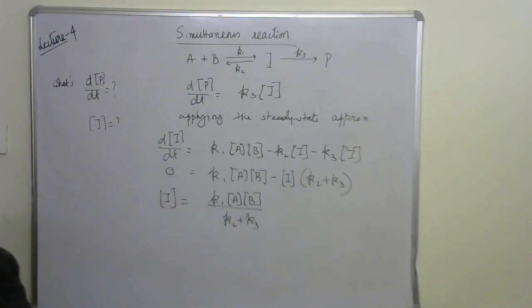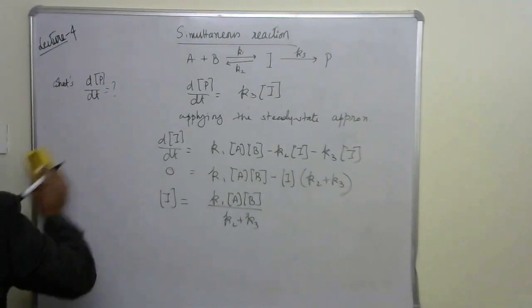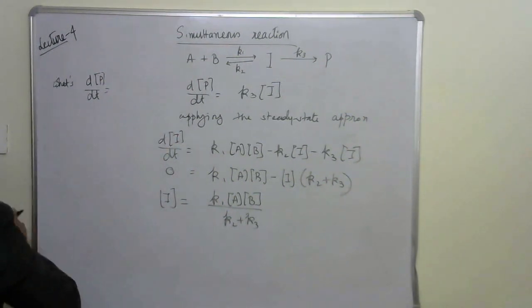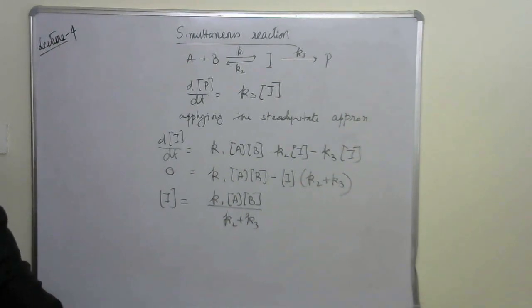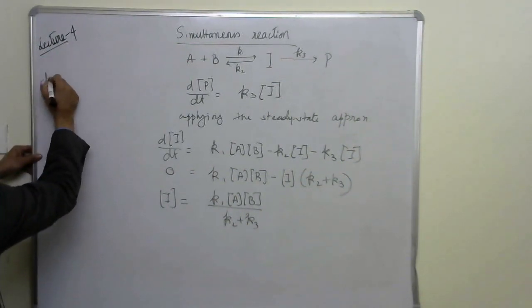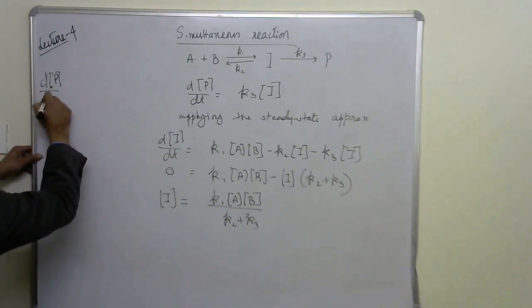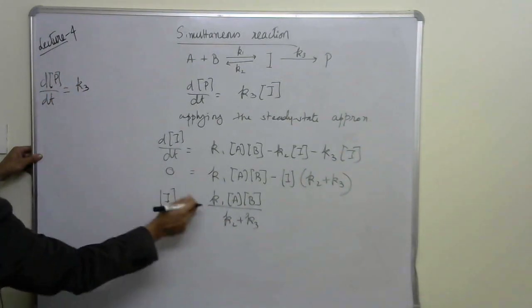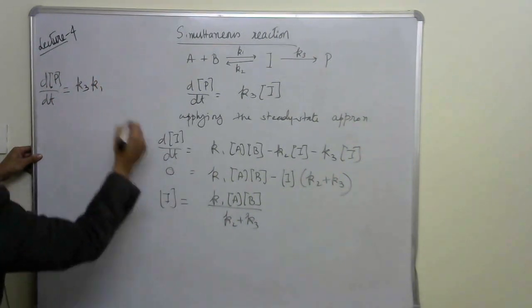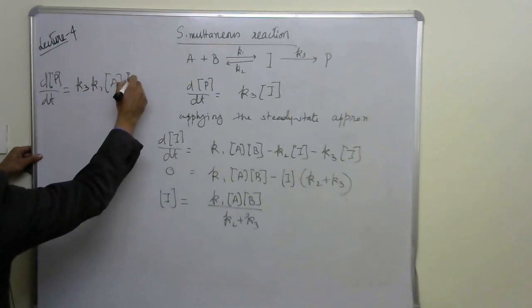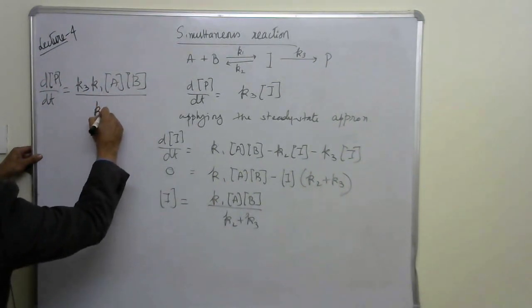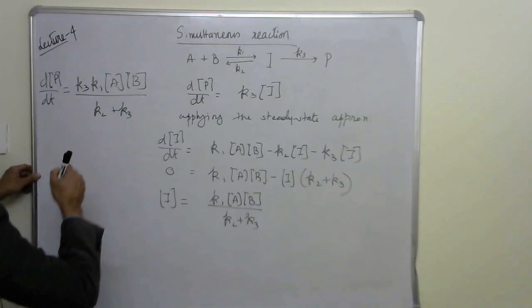Okay. So at this point, we are now interested to evaluate dP/dt. So we know that dP/dt is equal to k3 multiplied by [I]. So here we are going to write dP/dt is equal to k3 multiplied by k1 multiplied by [A] multiplied by [B] divided by (k2 plus k3).